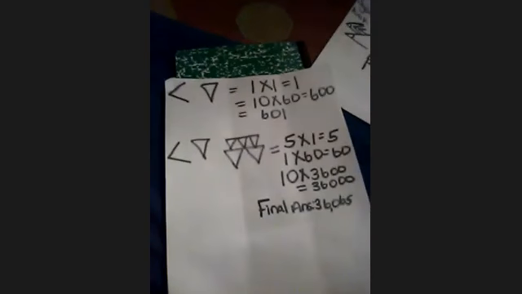Meaning for our system, it would be easier to write 7 tens than 4 ones, but it's a bit tricky here. I went on to do one in the 100 section for you guys, where I have 601, but it's represented as two symbols, an upside down triangle and an acute angle, where 1 times 1 would equal 1, and in the tens column, the right angle is represented as a 10.